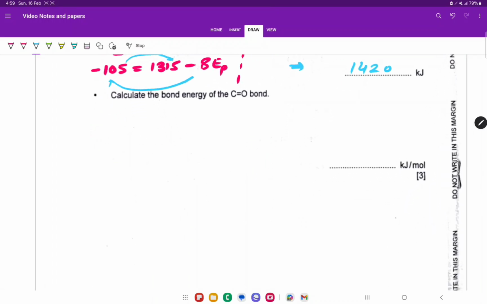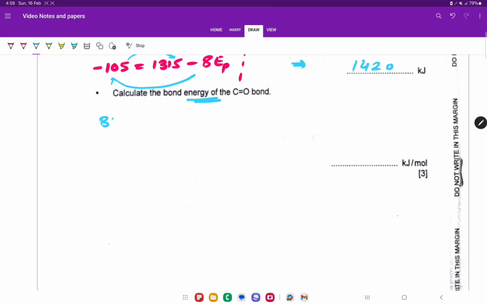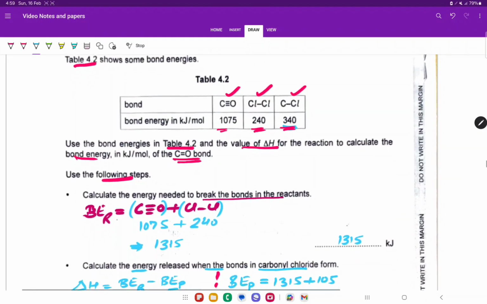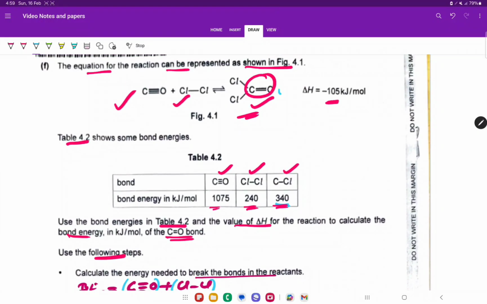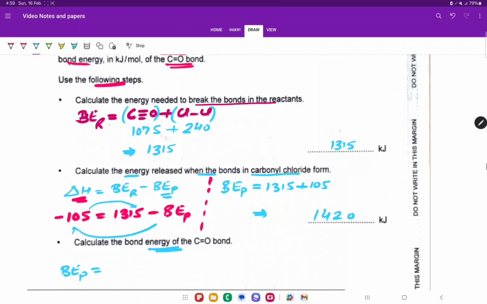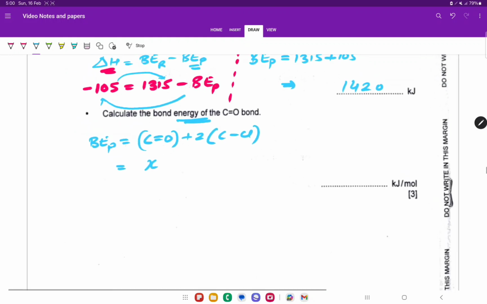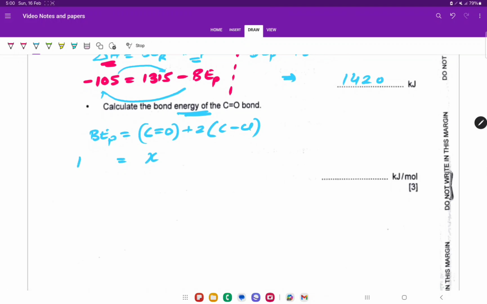Now calculate the bond energy of the C double bond O bond. Bond energy of products will be equal to the bond energy of carbonyl chloride, which is one C double bond O bond and two C-Cl bonds. It will be the C double bond O bond plus twice the C-Cl bond, the carbon chlorine bond. C double bond O we have to calculate, that is X, and the bond energy of products from the upper part is 1420.